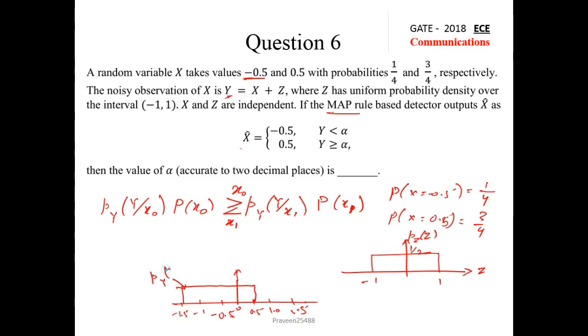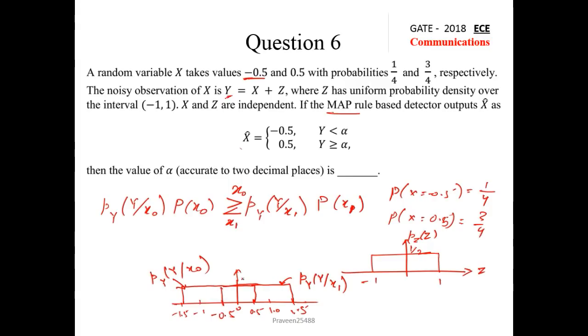This is the PDF of received symbol vector y given x0. And we can also draw the PDF of y given x1 at 0.5. It will vary from minus 0.5 to 1.5. So this is the PDF of received symbol vector y given x1.